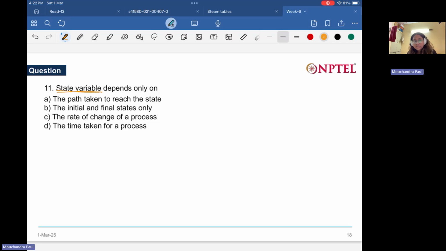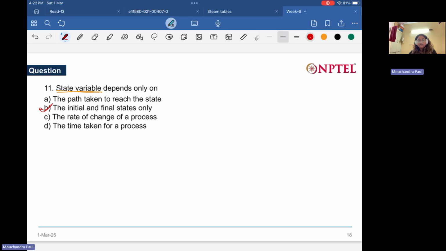The question states, state variable depends only on: the path taken to reach the state, the initial and final states only, the rate of change of a process, the time taken for a process. So state variable only depends on the initial and final state of the system.